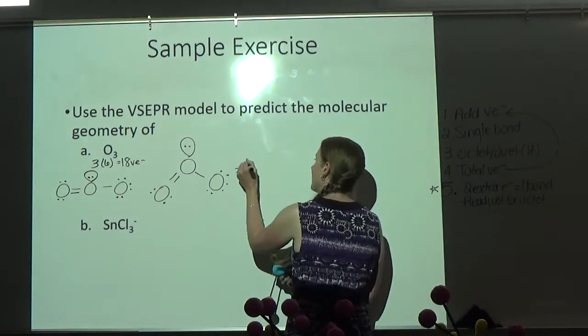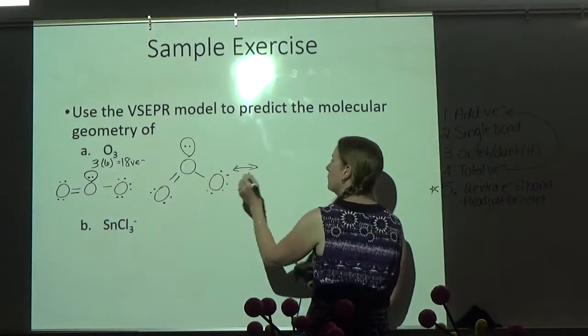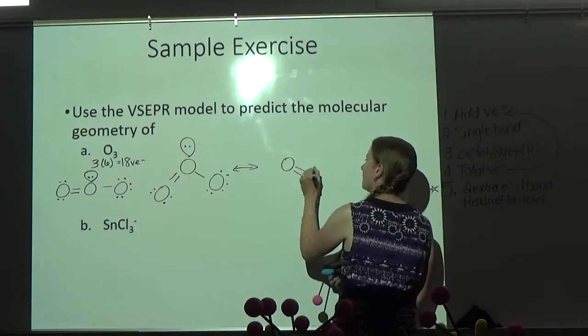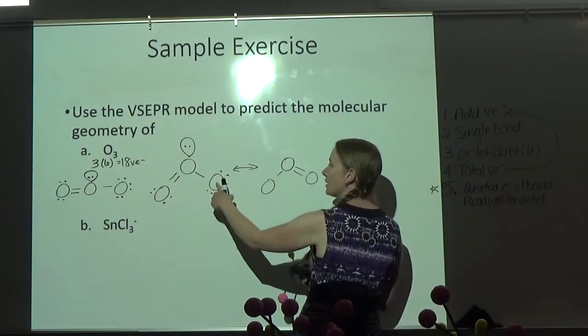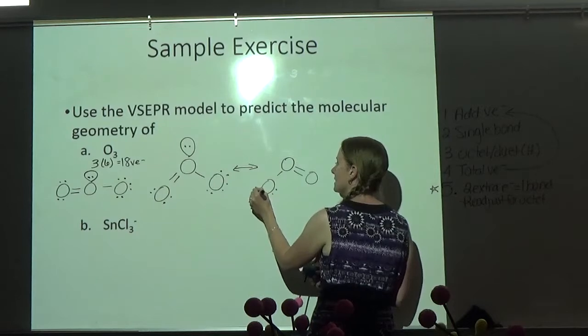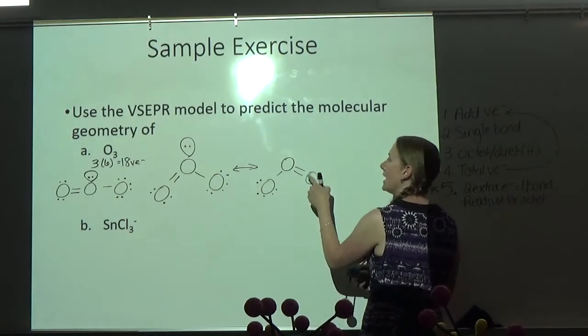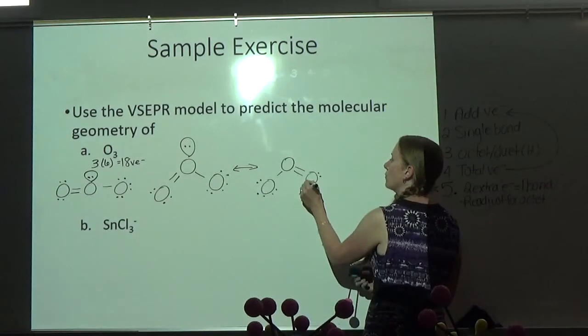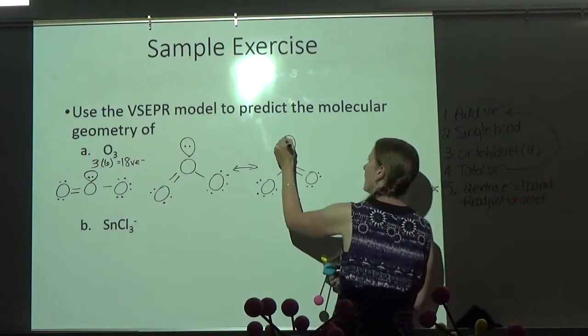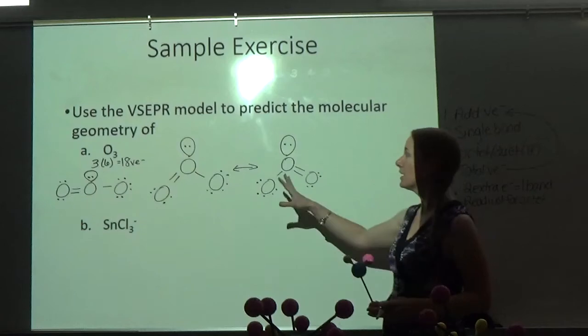But I also have to include my resonance because the double bond could have gone on this side. And so notice the single bonded oxygen always has 6 lone electrons, and the double bonded one has 4 lone electrons, and I keep that bubbled up lone pair.